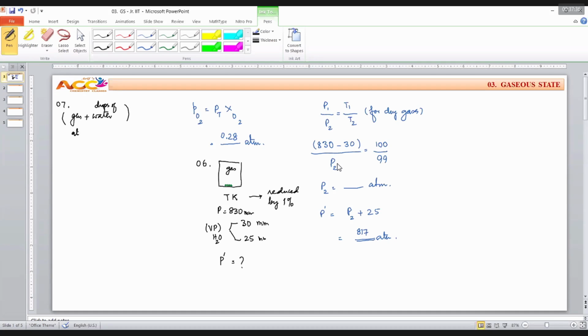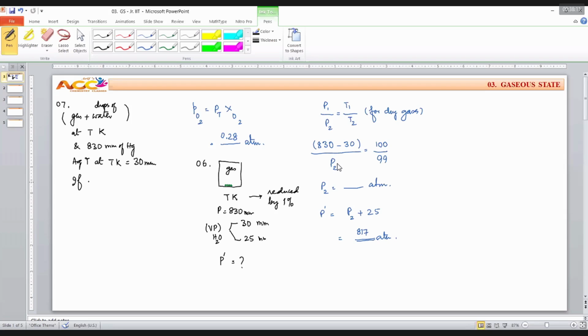At T kelvins, see the beauty of this question, and 830 millimeter of Hg, right? Aqueous tension at T kelvins is equal to, I'll just take the same numbers, 30 millimeter of Hg.